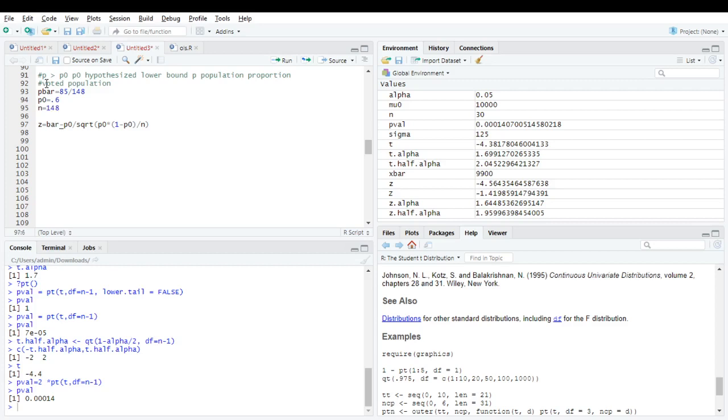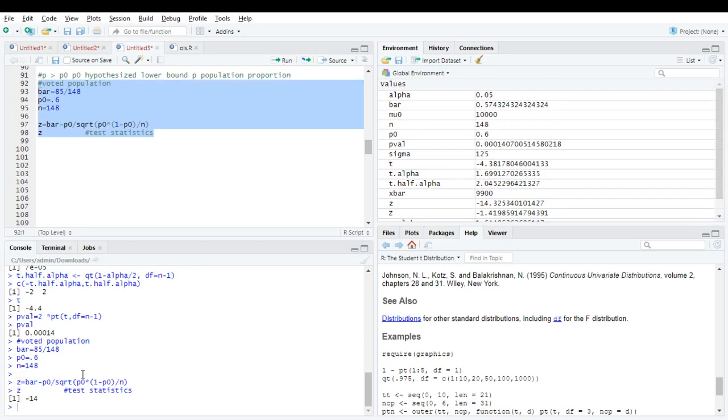So this is your z value. We have all the values, we have z now, and then we print the z, and this z will be our test statistic. Okay, if we compute this, we are getting a value of minus 14, right?